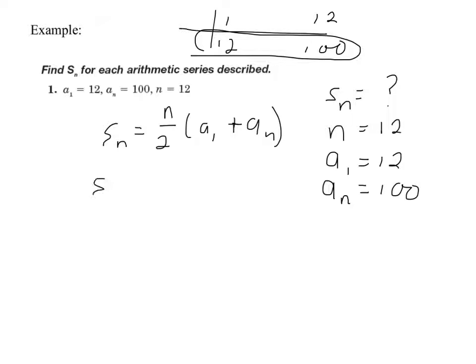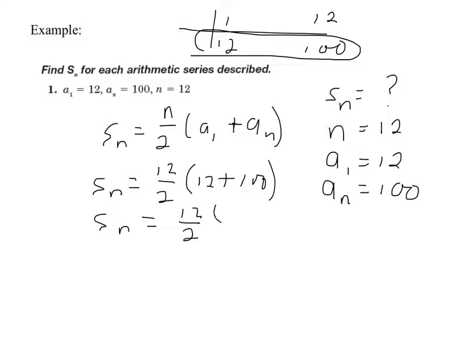S sub n is equal to 12 over 2 times the first one, which is 12, plus the last one, which is 100, and then we're going to work this out. So S sub n is equal to 12 over 2 times 112. Now, let's just plug that into our calculator.